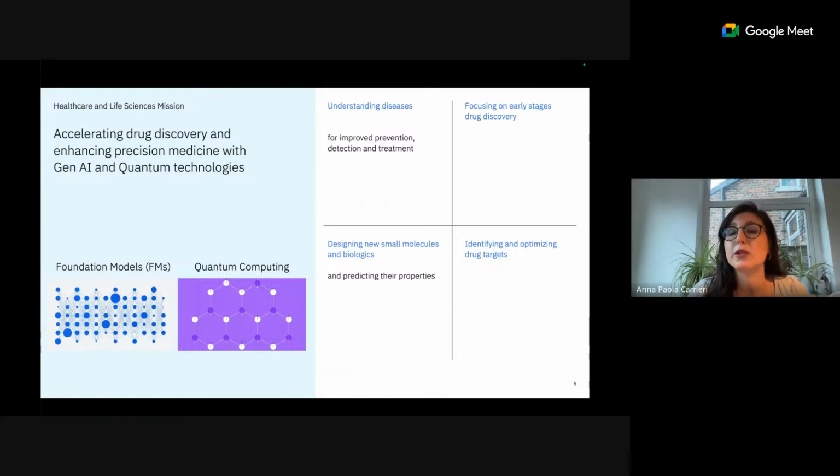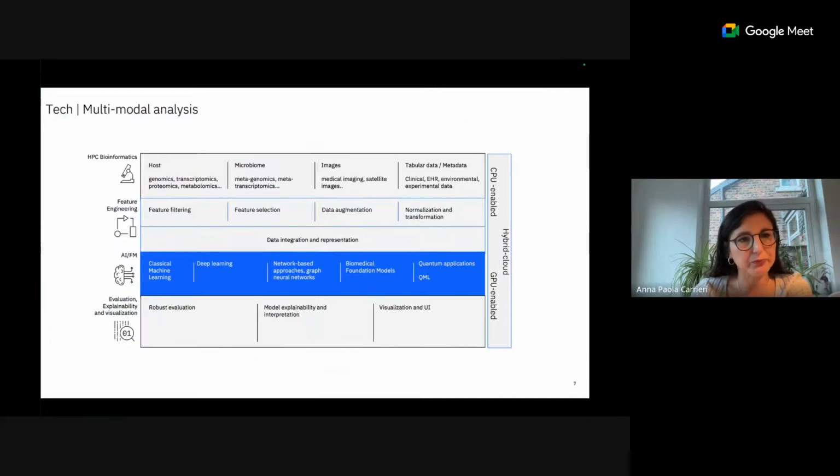So we focus on early stages of drug discovery, for example, wanting to identify or discover new drug targets, or de novo designing of new small molecules, new biologics, such as antibodies, or a vaccine for influenza and so on, and predicting their properties. But I'll show an example later of what I'm talking about.